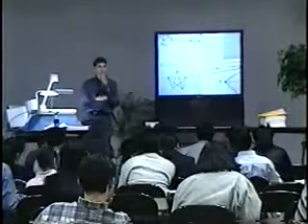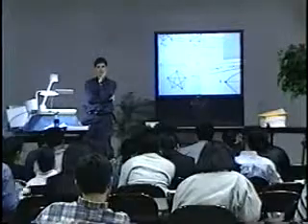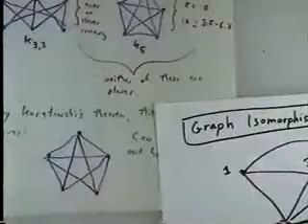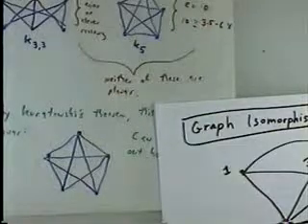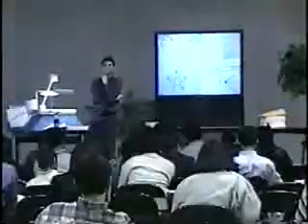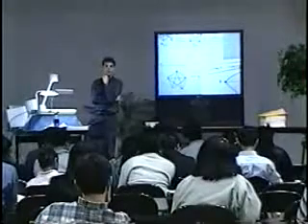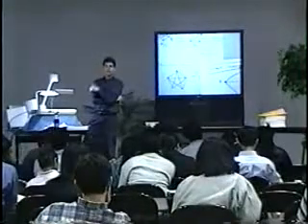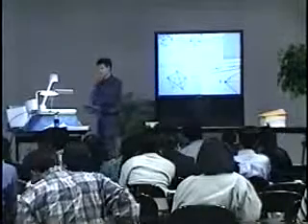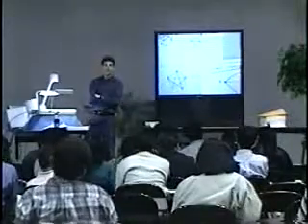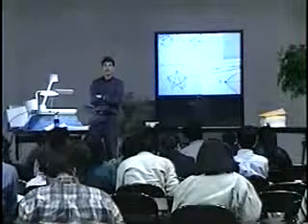How many people know about this problem? Basically, suppose I input a structure for one graph in the computer, and then I change the names of the nodes and input another graph in the computer. So the question is, how can you tell whether these two graphs are actually the same graph?